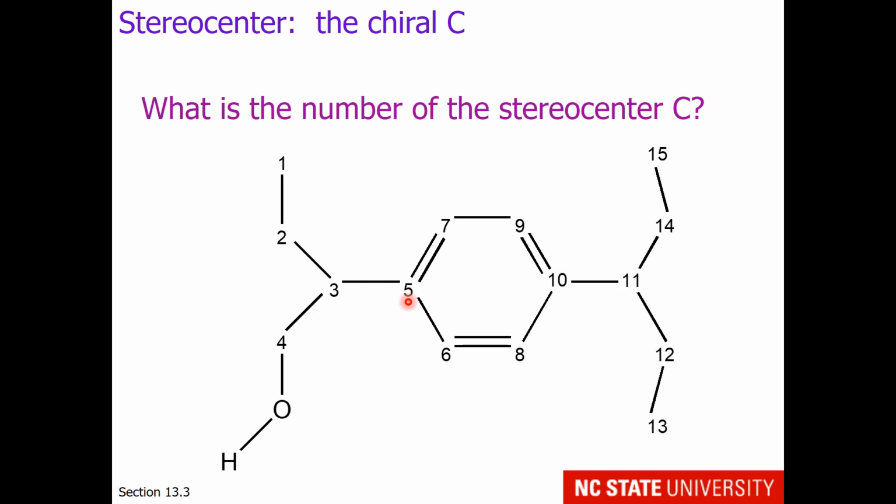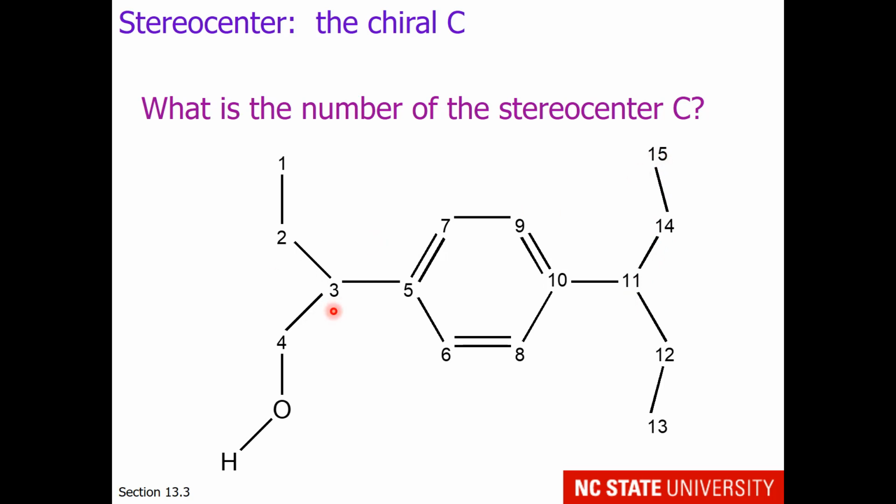Certainly it can't be any of the carbons from 5 to 10 because these only have 3 electron regions. And it can't be 11 because it has ethyl groups which are identical coming off it. And certainly not 14 because that has a CH2 group, and not 15 because that has a CH3 group.